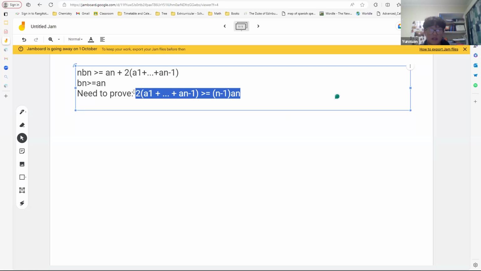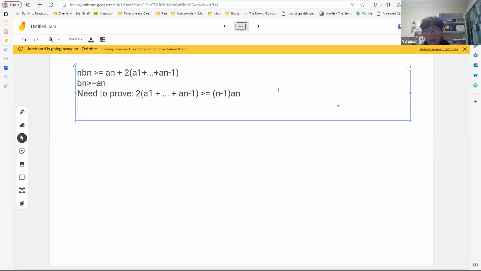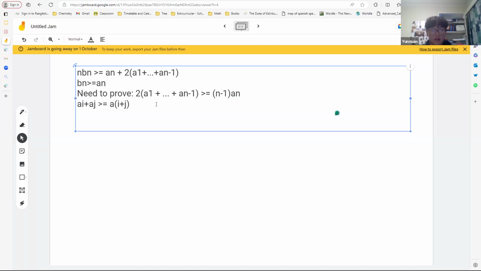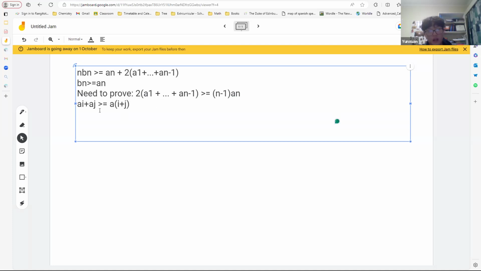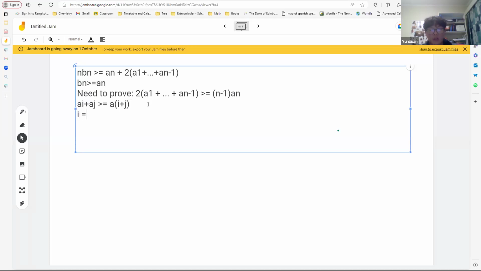So how do we prove this? We just use the problem statement that tells us ai plus aj is larger than or equal to a(i+j). So how do we get an from a(i+j)? Because we want this to be larger than or equal to something times an, so clearly we want i plus j to equal n. We can just do pairing. So for i equals 1, we have j equals n minus 1.